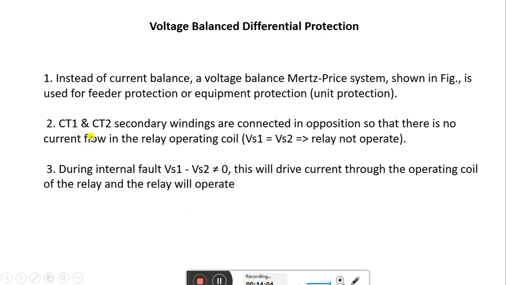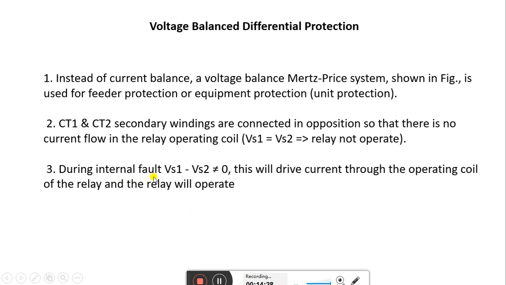Second, if CT1 and CT2 secondary windings are connected in opposition, that is in phase opposition, there is no current flow in the relay operating coil, because Vs1 and Vs2 will be equal and the relay will not operate.